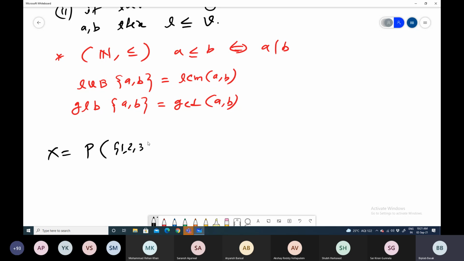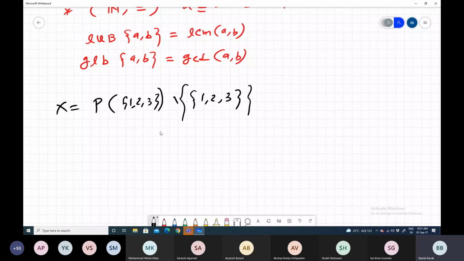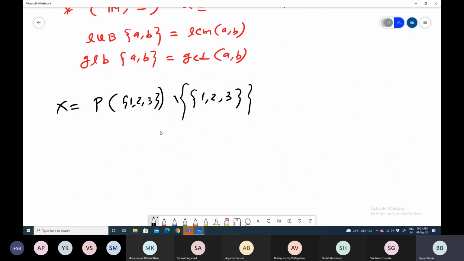No, sir. All the proper subsets of this power set. So that means this minus {1, 2, 3}. What does proper subset mean? This means all the proper subsets of this.